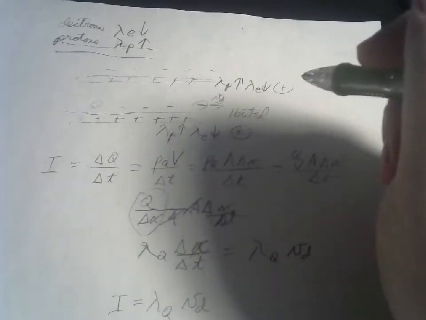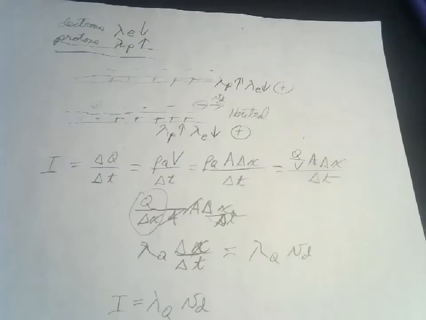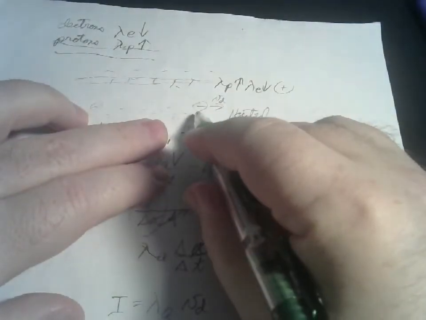However, if we ignore the rest of the wire and just worry about me, the electron, which is another thing you can do. Okay, let's just say I'm an electron.